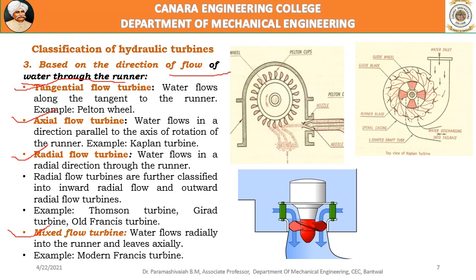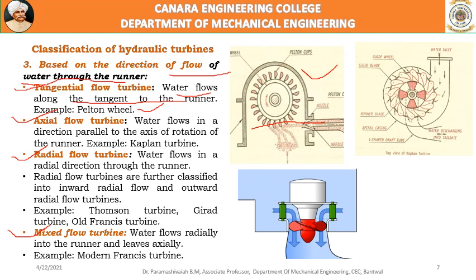So in the first case, in tangential flow turbines, water flows along the tangent to the runner. The example is a Pelton wheel. You observe here, this is the image of the Pelton wheel, an example of tangential flow turbines, in which the water flows in a direction tangential to the rotor. Now observe, this is the rotor.